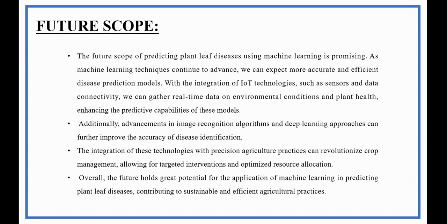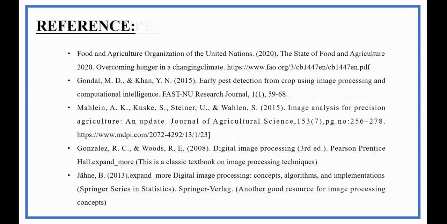For the future scope, adding real-time monitoring using IoT technologies such as sensors and cameras, extending the system to more crop types and pest variables, and optimizing the models to run on mobile devices for field use. And these are the references.